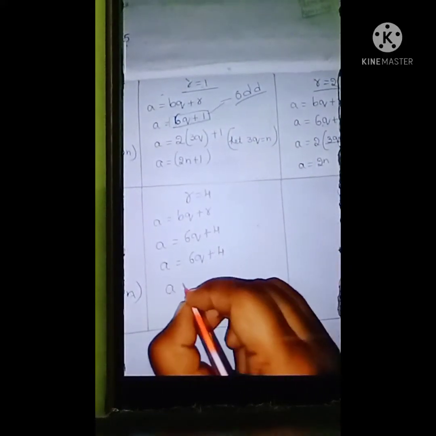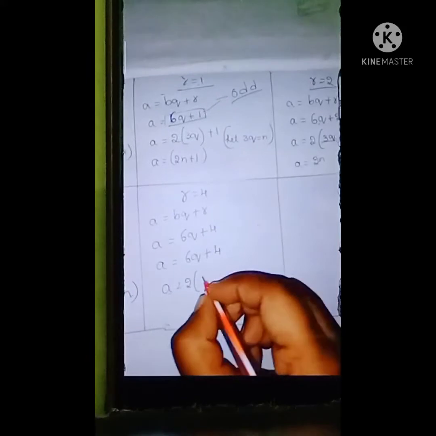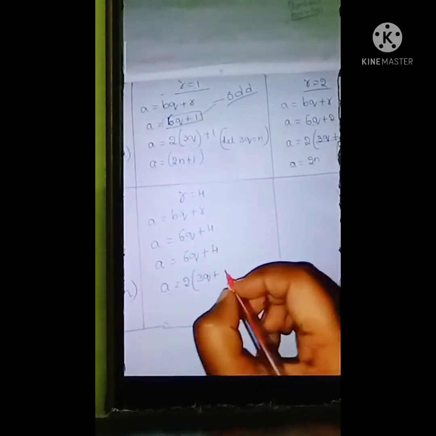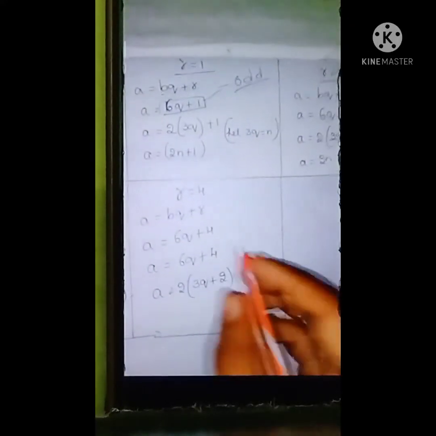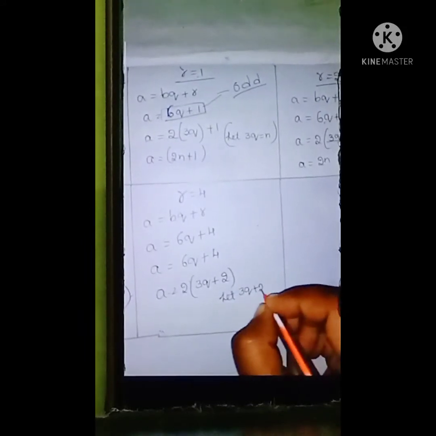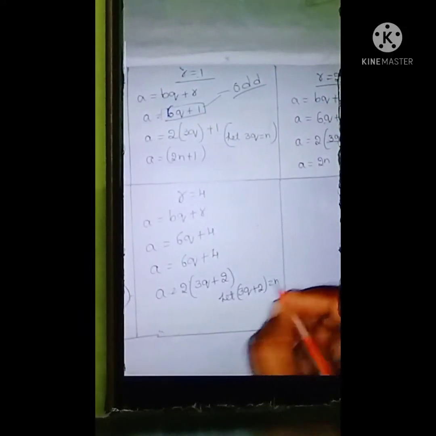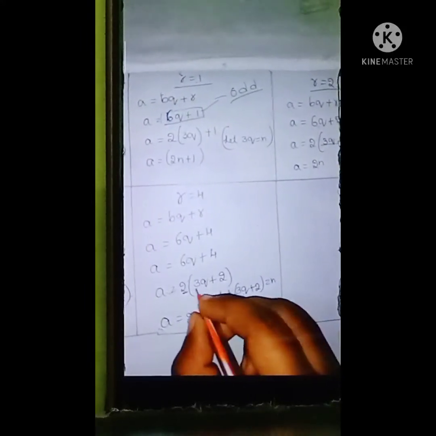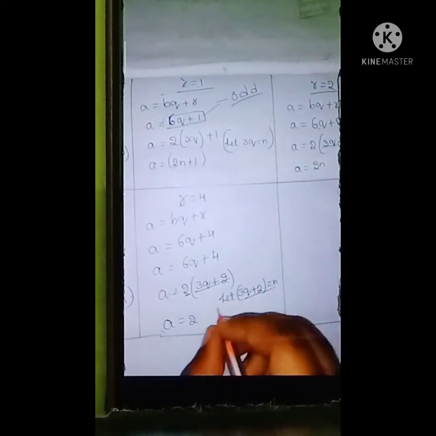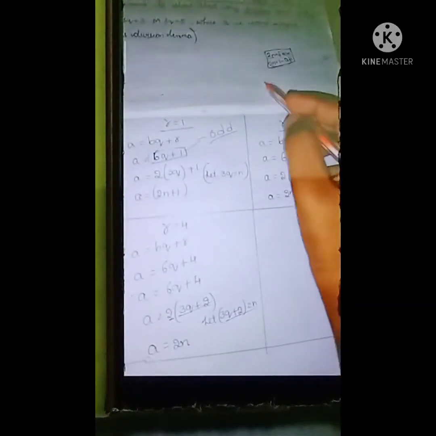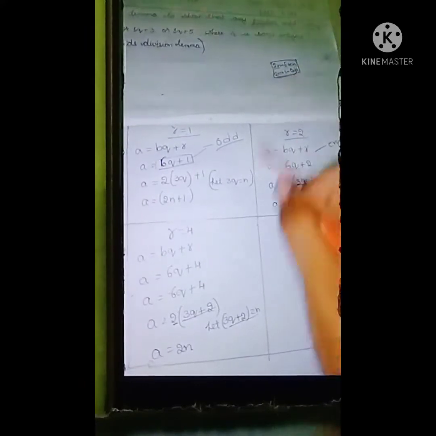Here we can take 2 common, that is 2 into 3Q plus 2. Right. So let 3Q plus 2 be equal to n. Therefore A is equal to 2n. It is in the form of even, right? 2n is even.